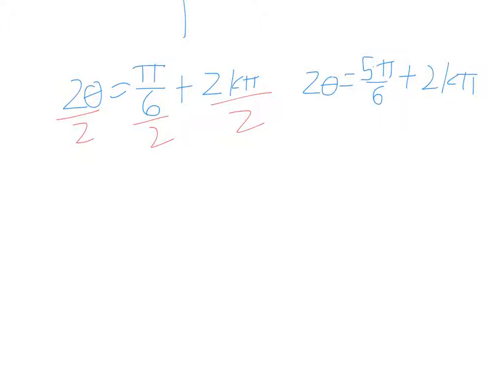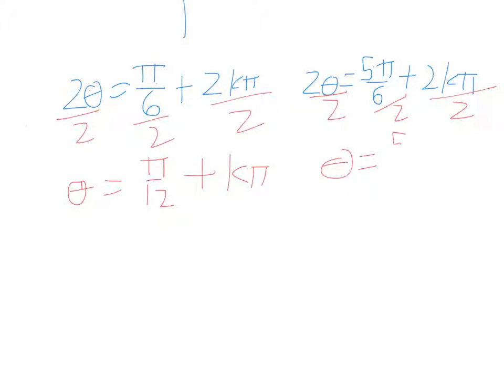So this 2 theta divided by 2 is just theta. 1/2 of pi over 6 would just be pi over 12. Then 2k pi over 2 would be k pi. And then for this equation on the right, divide everything by 2. So we have theta is equal to 5 pi over 12 plus k pi.